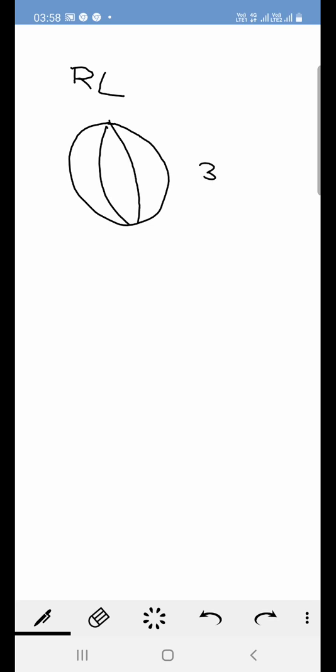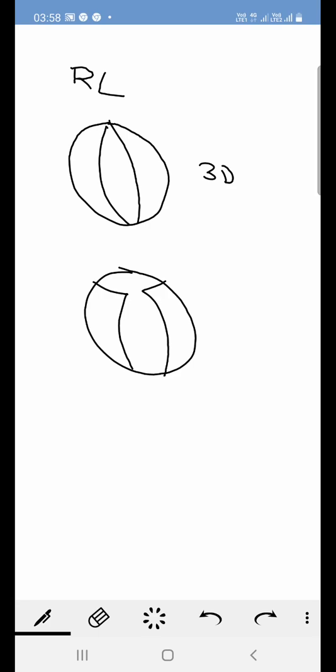This is for 3D. This is for 2D. And this is for 1D.